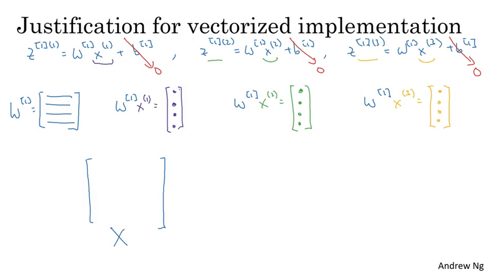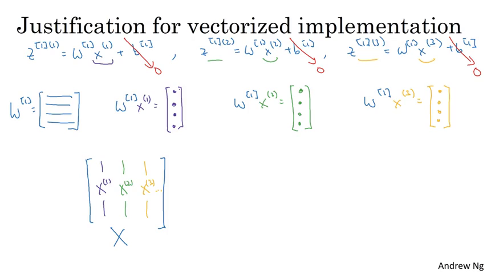So now, if you consider the training set capital X, which we form by stacking together all of our training examples. The matrix capital X is formed by taking the vector x1 and stacking it horizontally with x2, and then also x3. This is if we have only 3 training examples. If you have more, it'll keep stacking horizontally like that.